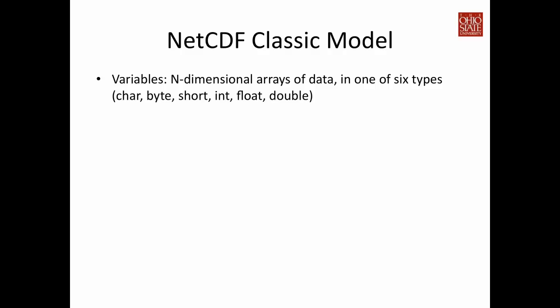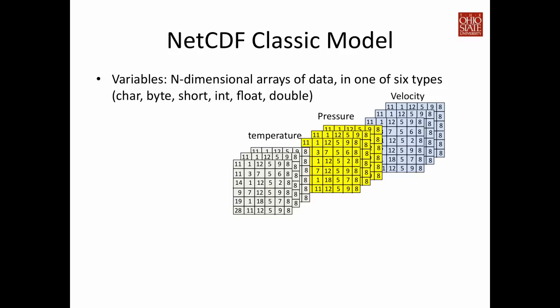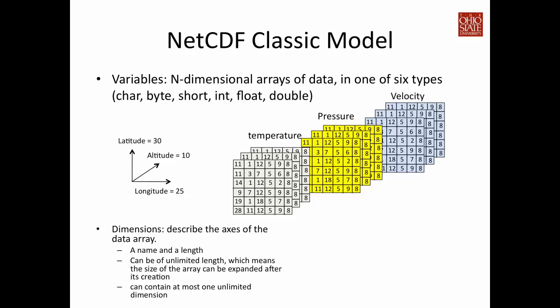NetCDF essentially is to store multidimensional data arrays. The variables are the actual arrays of data. It can be one of the 6 types such as char, byte, short, int, float, and double. These are examples of what a NetCDF file can contain: temperature, pressure, and velocity.